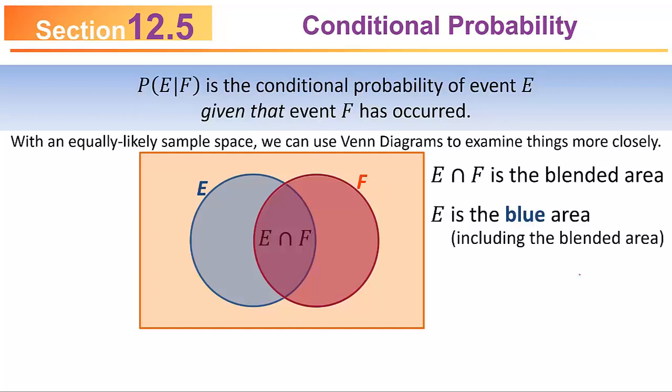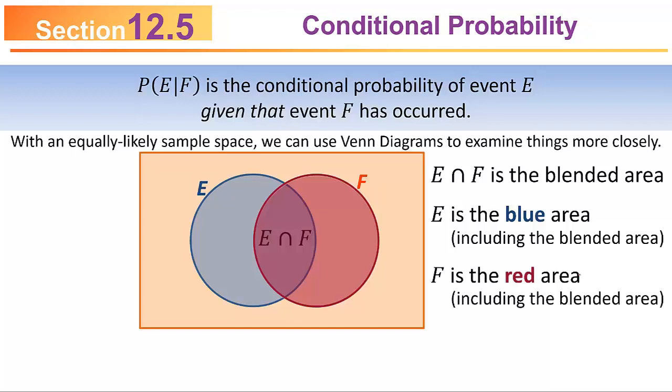The shading on the left circle E is blue, but it also includes the blended area. And the circle on the right, F, is the red area, and again, it includes the blended area as well. So the blended area is a part of both circles. The intersection is a part of both events, is another way of saying it.